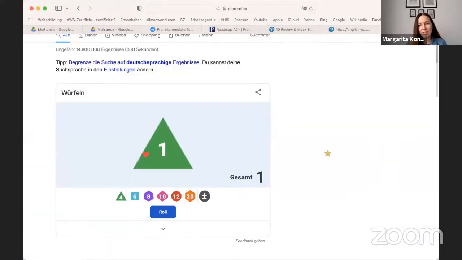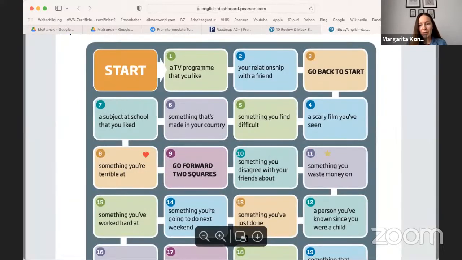Let's go on and I throw the dice for me. 2. Okay. That means I go to number 13 and I need to say something I've just done. I've just had a cup of coffee with a biscuit.